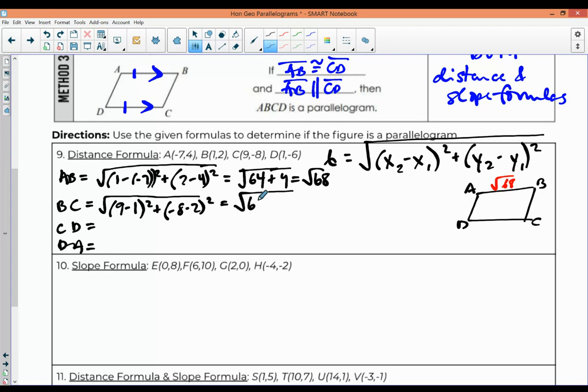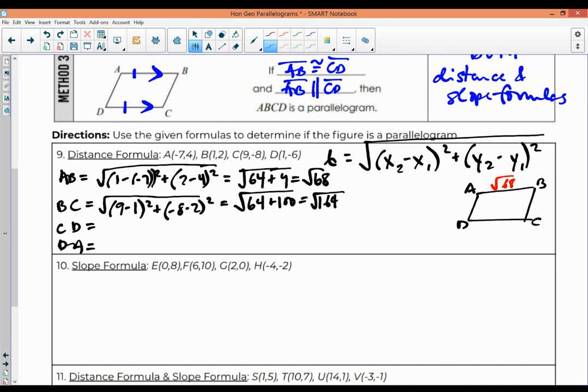So we have 64, that's 8 squared is 64, and negative 10 squared is 100. So then we have 64. We're just looking to see if they're congruent. We could break it down more. You don't necessarily have to in this instance.